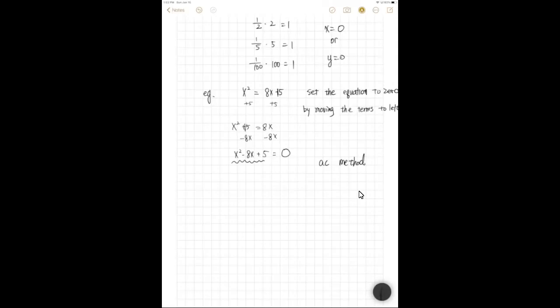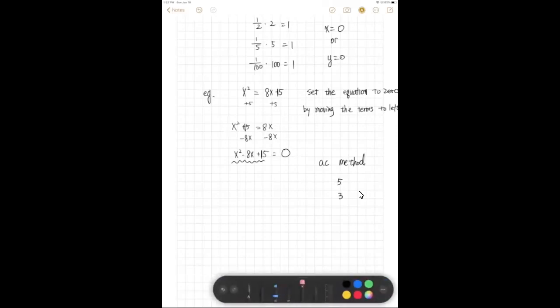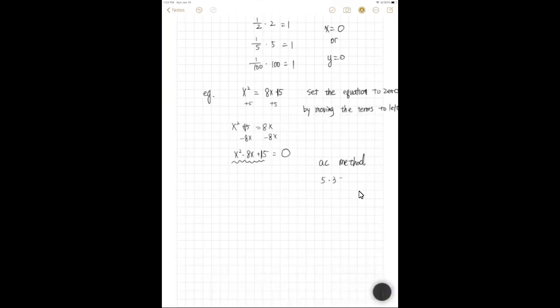I was trying to do 15. Okay, so let's see. 15, I can separate into 5 and 3, right? So 5 times 3 is equal to 15, but 5 plus 3 is equal to 8, not -8.